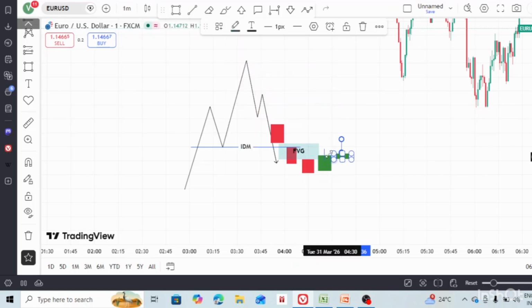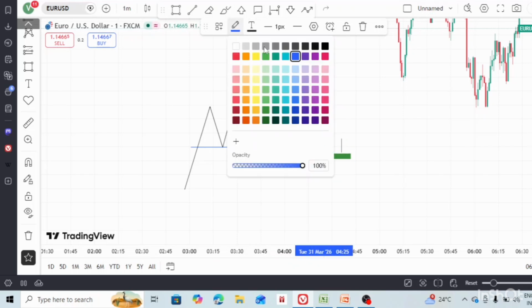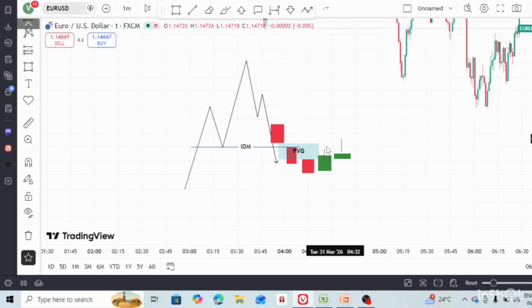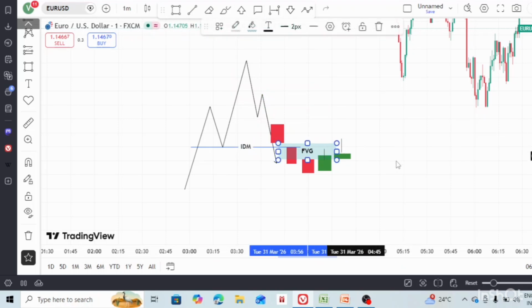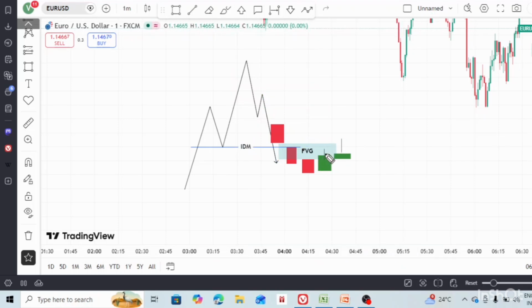This is just an example to give you. Here the price has mitigated the gap.